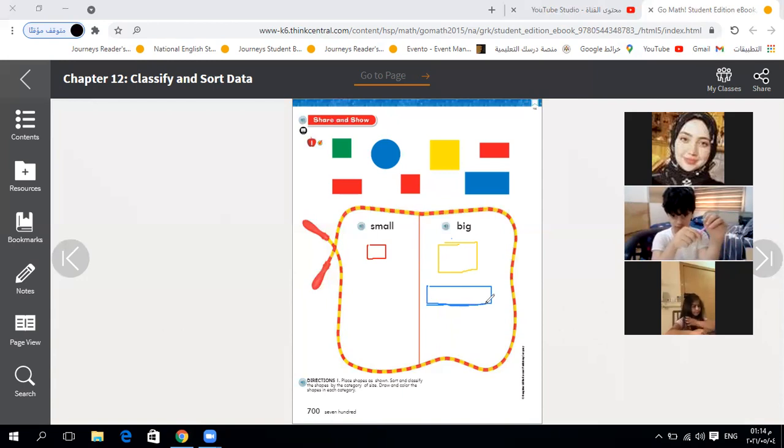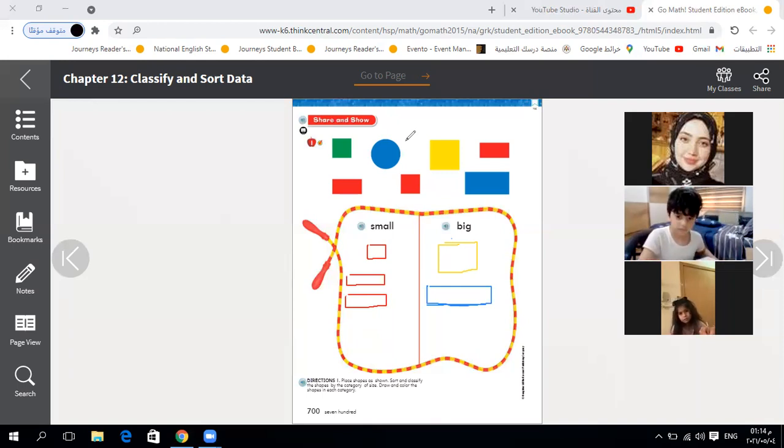Excellent. So we have two small rectangle shapes. One and two. Rectangle, square.